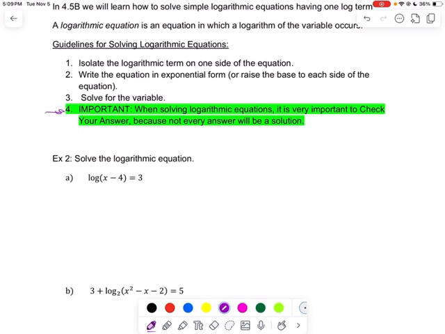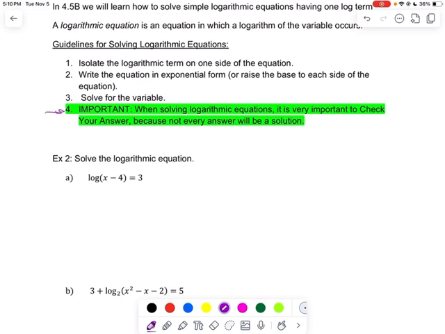Once you have isolated it, the next step is to convert it into exponential form and try to solve for the variable. An important thing about logarithmic equations is that we must check the answer, because not every answer is going to be your solution, specifically in equations in which we have more than one log term.